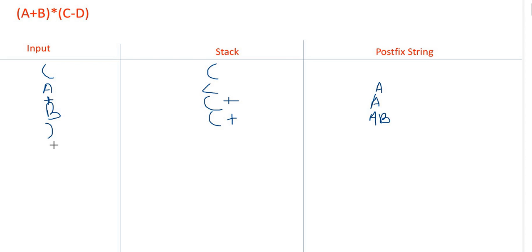When we encounter a closing parenthesis, we will pop each element one by one until we reach the opening parenthesis, and we will add them to the postfix string.